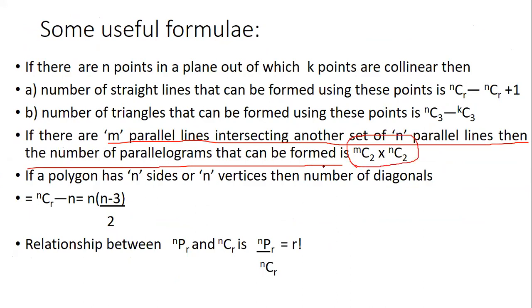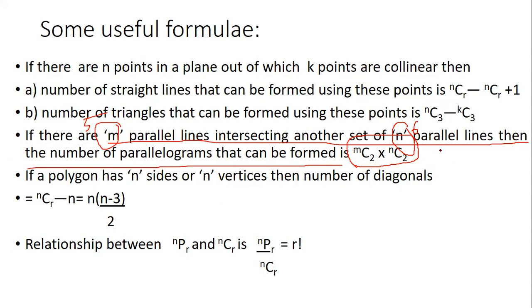So we just have to take this mC2 into nC2. What is m? m is the first set of parallel lines and n is the second set of parallel lines. Okay, in our question, a set of 5 parallel lines is intersecting with another set of 6 parallel lines.